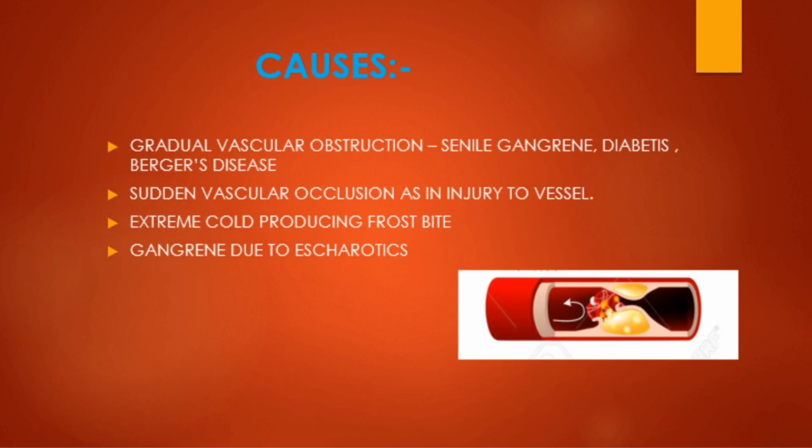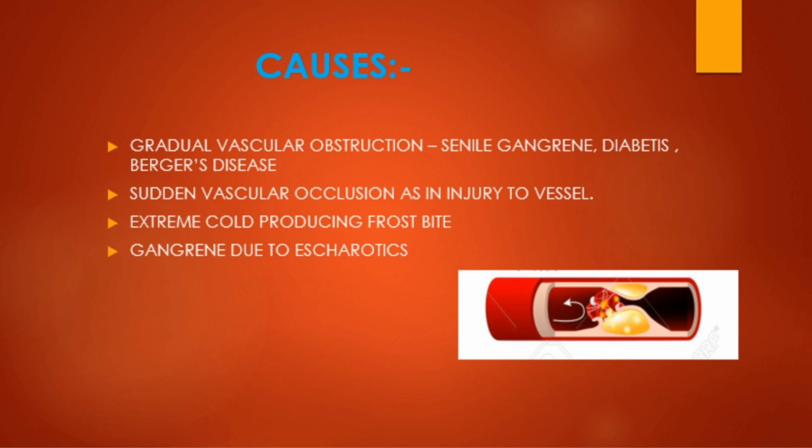Now we will see what the causes of dry gangrene are. The first one is gradual vascular obstruction, which occurs in many conditions like senile gangrene, thromboangiitis obliterans, that is Buerger's disease, diabetes and so on. Second, sudden vascular occlusion as in injury to a vessel. Third is extreme cold, which produces frostbite. What is frostbite?